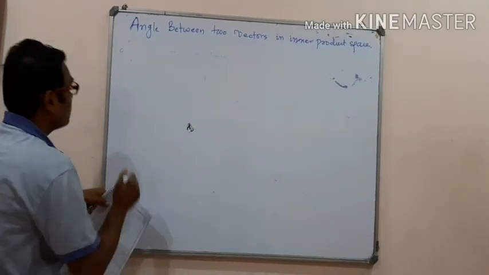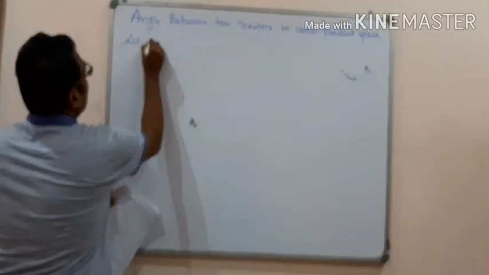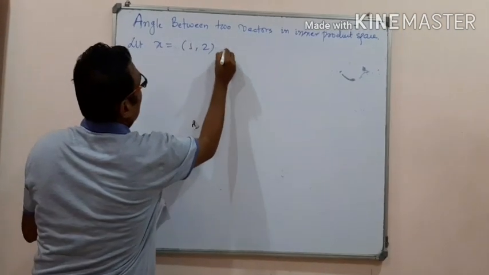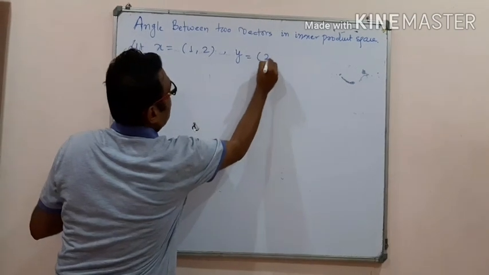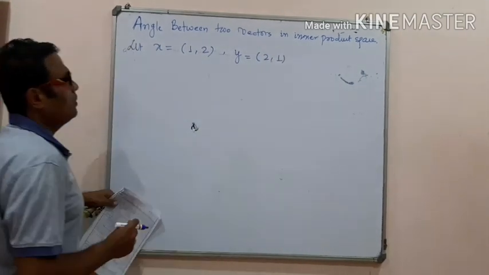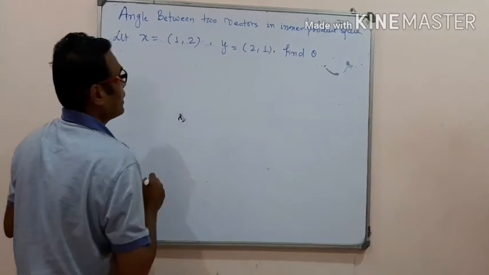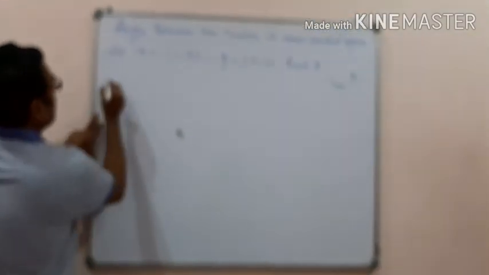Let x be equal to (1, 2) and y be equal to (2, 1). Both are elements of R square. Find theta, that is, the angle between these two vectors.